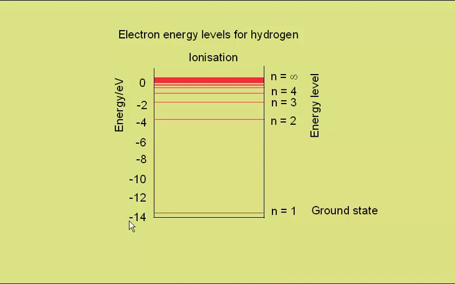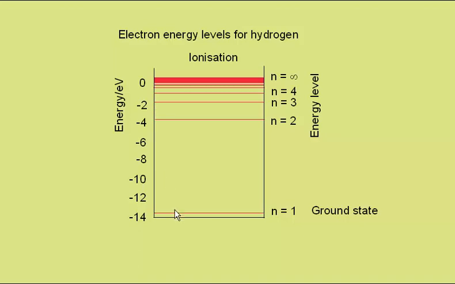The energy levels are negative because we take the position of a free electron up here as being zero energy. If it's trapped within an atom, it has less than zero energy. Another way to think of it is the energy that would be required to free up the electron.